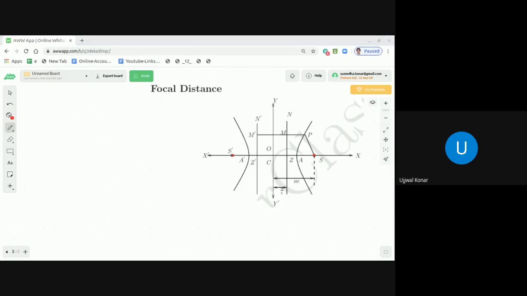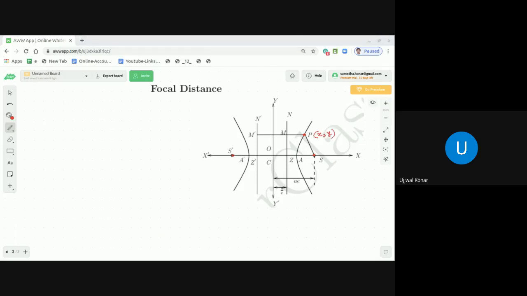Now, what we are doing, dear students, is taking a point P, x comma y on that hyperbola x square by a square minus y square by b square equal to 1. So this point P has coordinates x comma y.